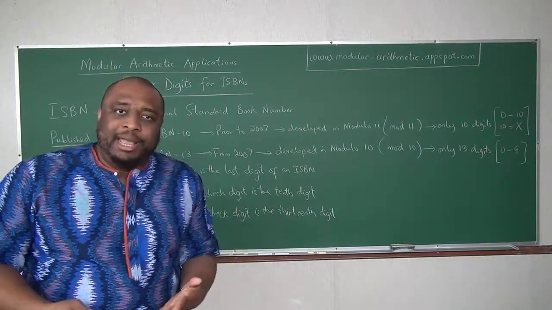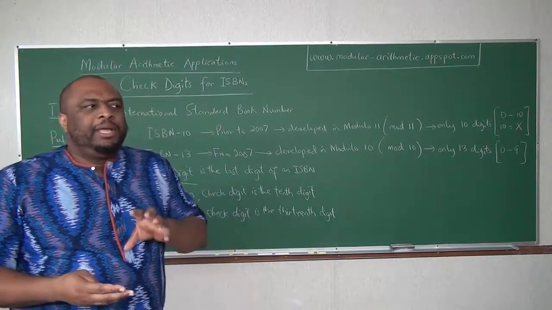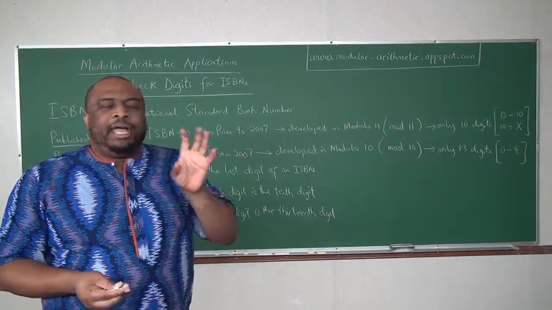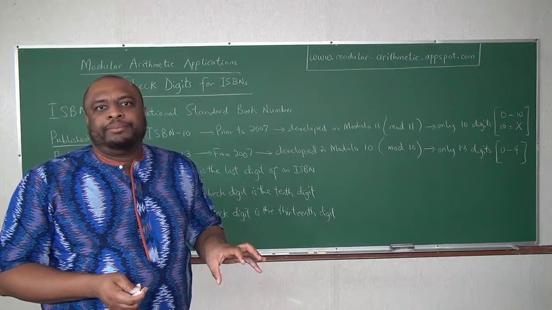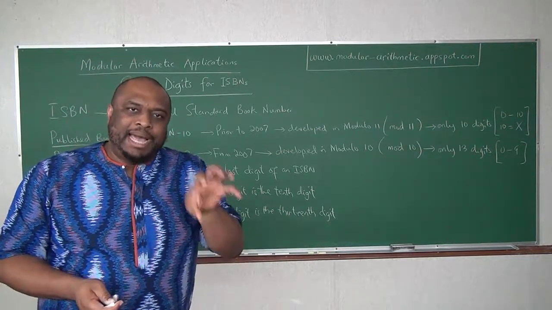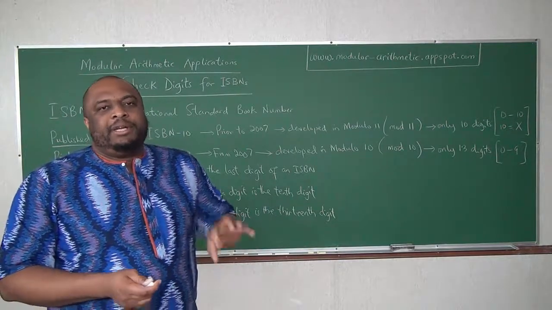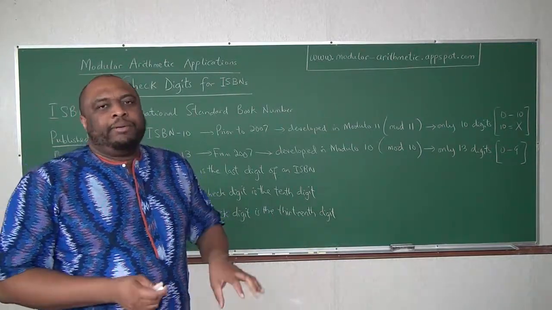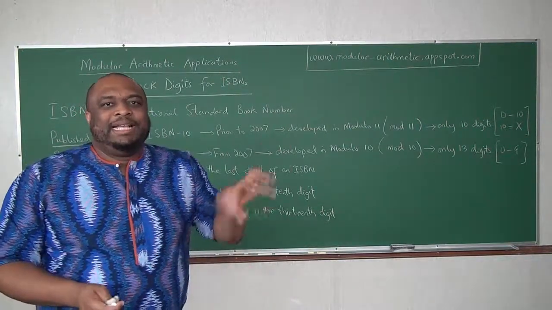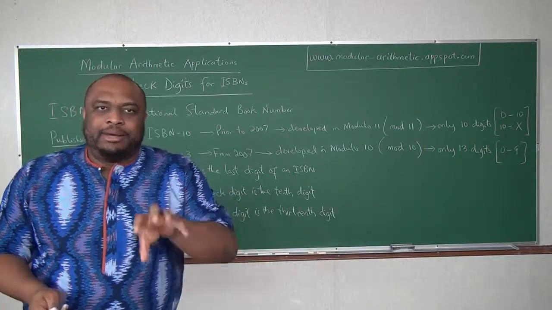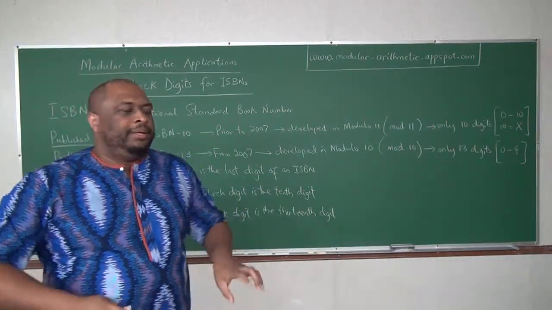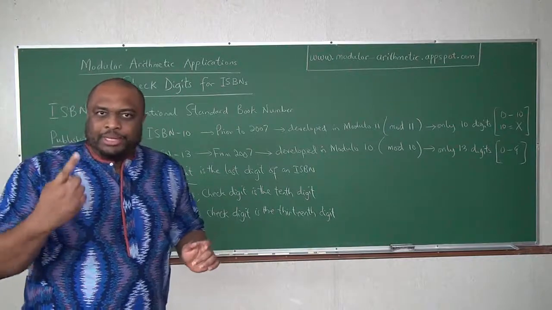When you calculate everything, if it gives you a remainder of 0, then that means the ISBN is valid. If it does not give you a remainder of 0, then the ISBN is not valid. That's number one use.